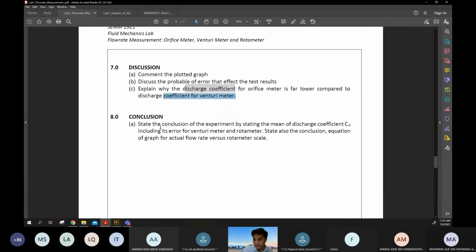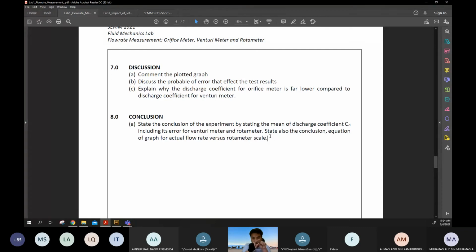Okay, finally the conclusion. State the conclusion of the experiment by stating the mean of the discharge coefficient, including its error, for the Venturi meter and rotameter. State also the conclusion, equation, and the graph of flow rate versus rotameter. For this part, please make my life easier.